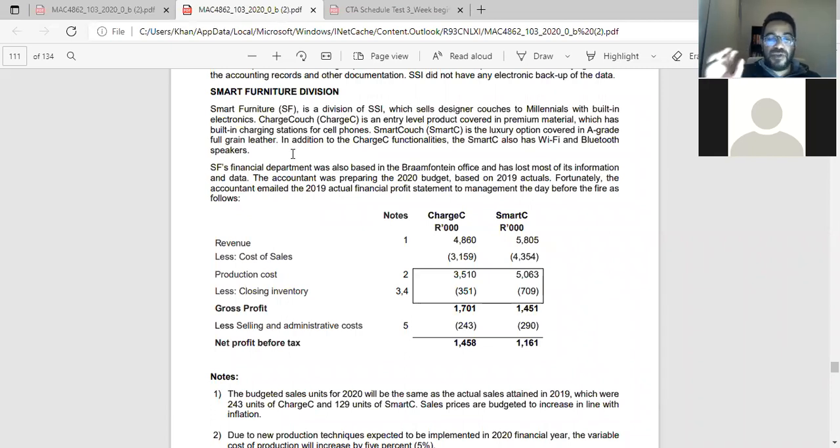I've seen many students get confused over there. So please make sure that when you think about the cost of a product, you're thinking about three things: direct material, direct labor, manufacturing overheads. Remind yourself, manufacturing overheads is made up of variable as well as fixed. And it depends on the costing system which of those you include. So please take note of that.